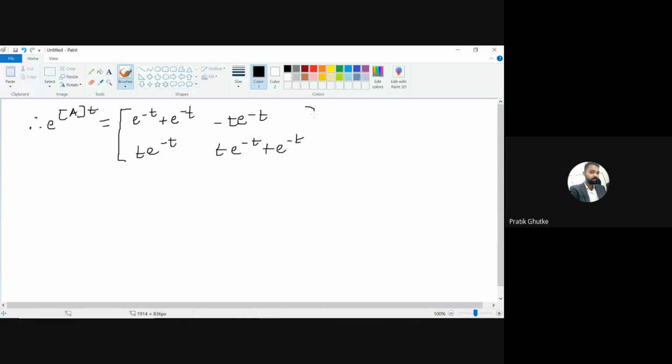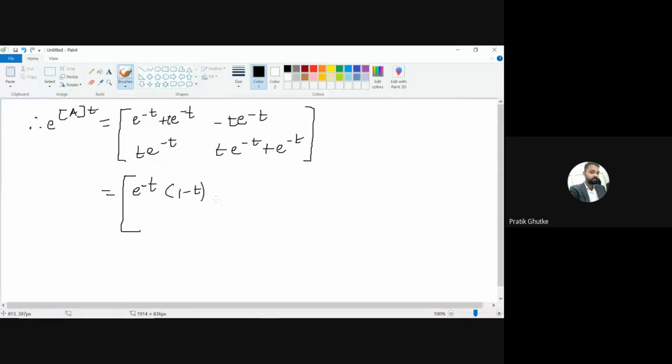Now simplifying this bracket, or adding, what will be the final state transition matrix? I am making e raised to minus t common. So what is left over with me? 1 minus t.